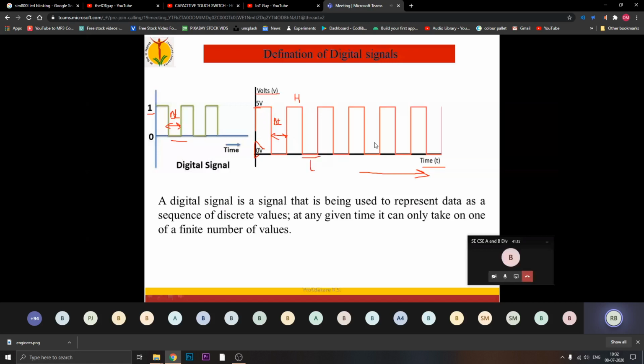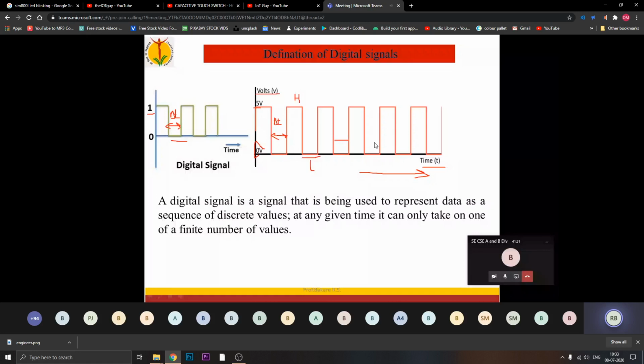So the definition is the same: a digital signal has a high level or low level. It occurs continuously over the specific time period of delta t. This is the definition of digital signal.